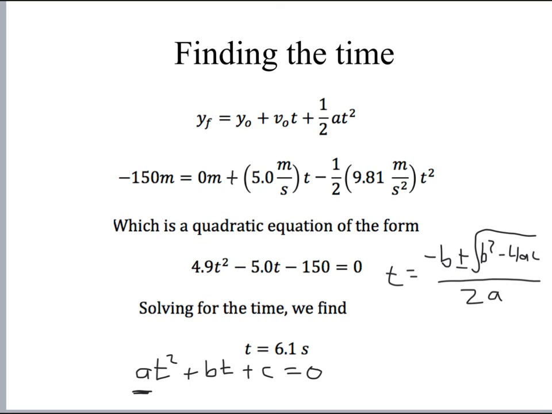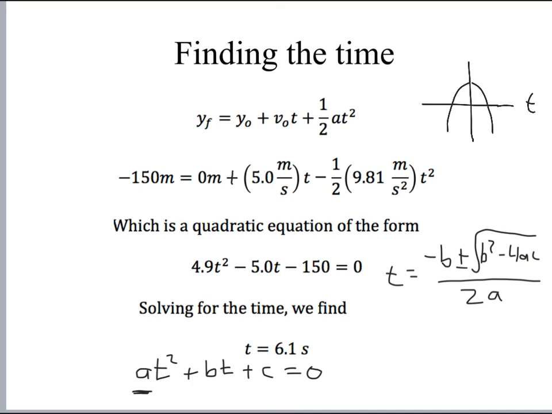Well, remember that this formula is a parabola. And so mathematically, it's going to possibly have negative values as well as positive values, because if you were to graph it, it might look something like that. This would be the time axis, and so you can have negative values of the time in terms of the equation.